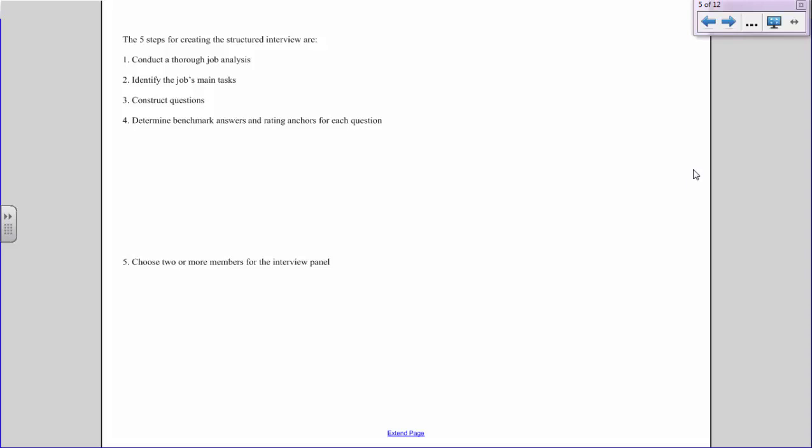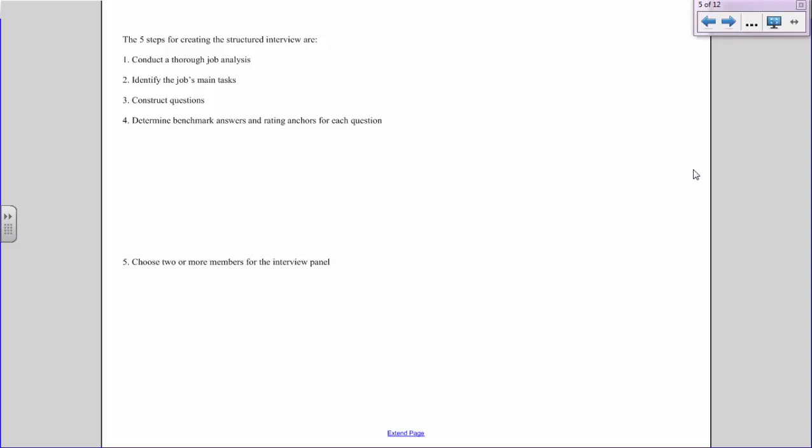All right, so again, unstructured interviews are more common than structured interviews because interviewers really tend to overestimate their intuition and they underestimate how much bias that they have. And also, again, because those structured interviews just require a lot of time and resources and skills to develop. So the first step is to conduct a very thorough job analysis, which we covered in the last chapter.